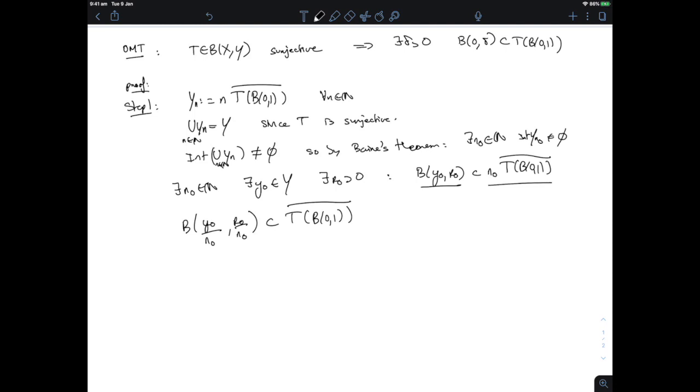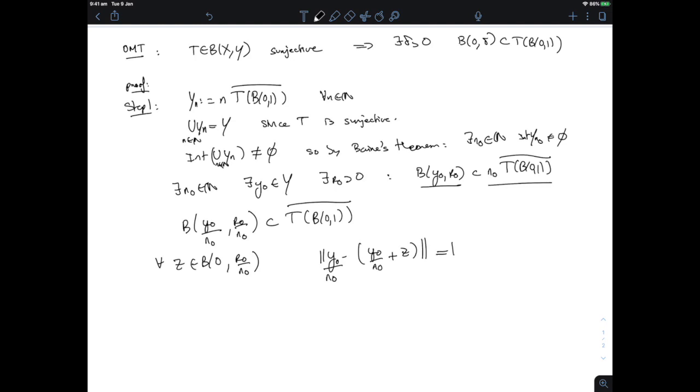Now, if you take any point z small enough, so let's say in the ball of radius r_0 divided by n_0, then what can I say about the distance between y_0 over n_0 and y_0 over n_0 plus z?